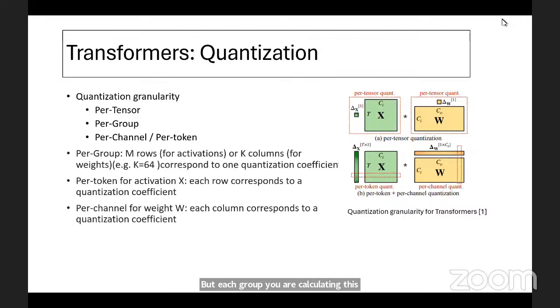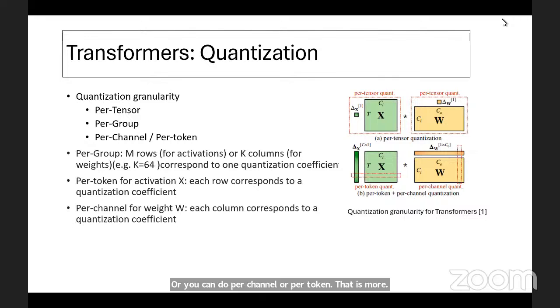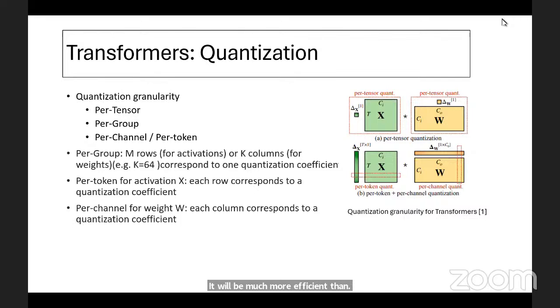Or you can do per channel or per token. That is more detailed. As you go from per tensor to per channel, you are essentially adding a lot of overhead for quantization, which means you are sacrificing performance for precision. So it's always a trade-off. If you have per tensor, it will be much more efficient than per channel. But if you are not able to get the kind of accuracy that you need, you might want to switch to per channel.